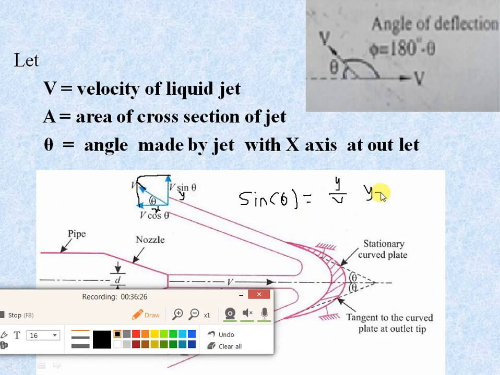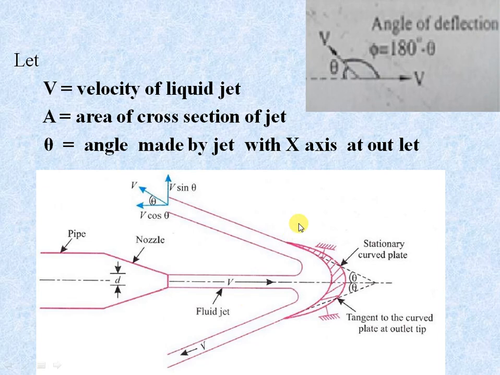So y is equal to v sin theta. Similarly apply cos theta: cos theta is the adjacent side, x, divided by the hypotenuse v. So x is equal to v cos theta. You can see that v sin theta is the y component and v cos theta is the x component, but the direction of v cos theta is negative.